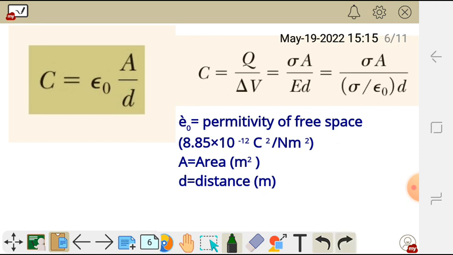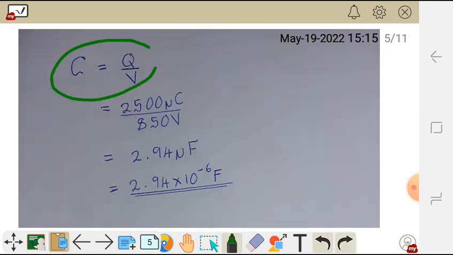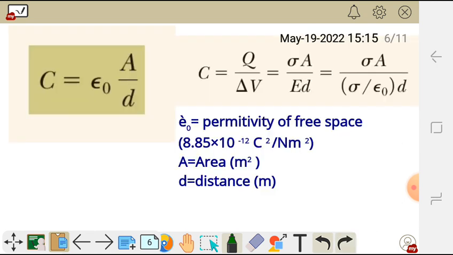This formula comes from the first formula, charge over V. From the electric charges and electric field topic, charge is equal to charge density multiplied by area, where this symbol, sigma, is what we call charge density.